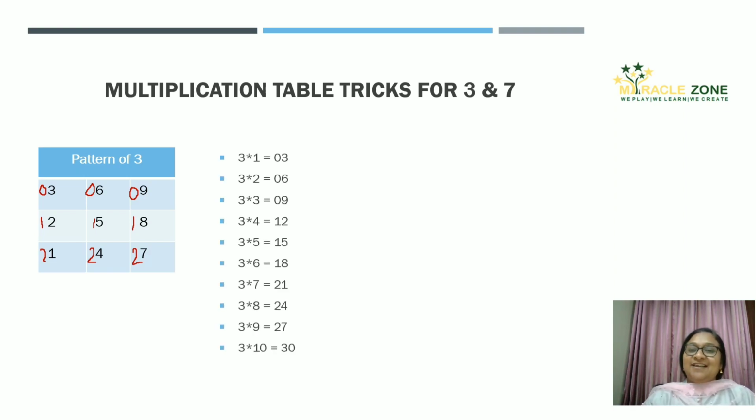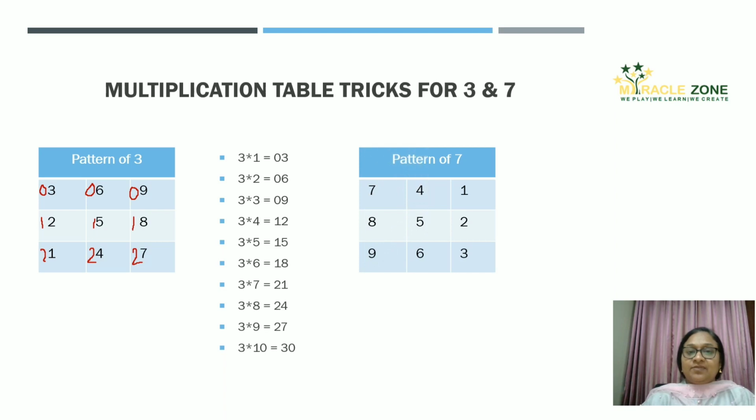So now let's see the last number, 7. Let's see the pattern for 7. Now here, from the top right corner, you have to write 1, and you have to write it toward the bottom. So again, you can use the same trick here. You'll start from 0. If the second number is less than the previous number, you have to increment. This is also smaller, so we will increment.